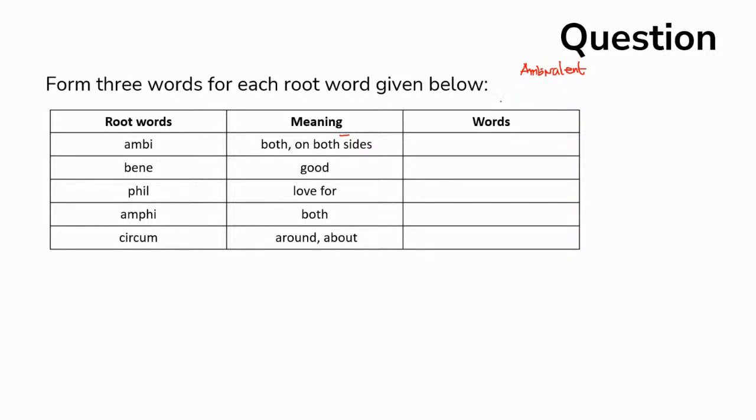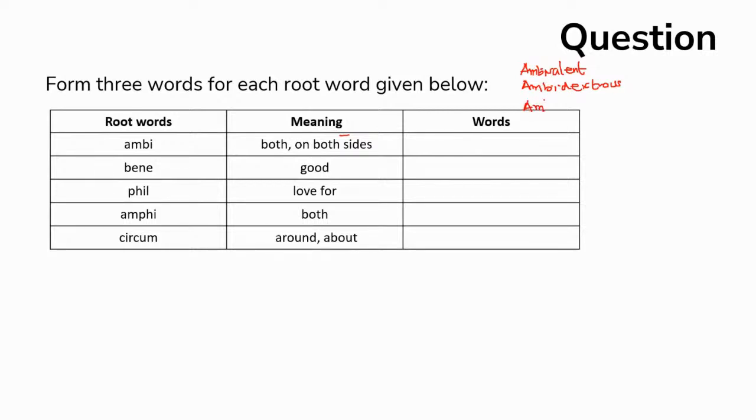So on both sides, that is the meaning of it. Next is ambidextrous, the ability to use both hands equally well is called ambidextrous. So using both.